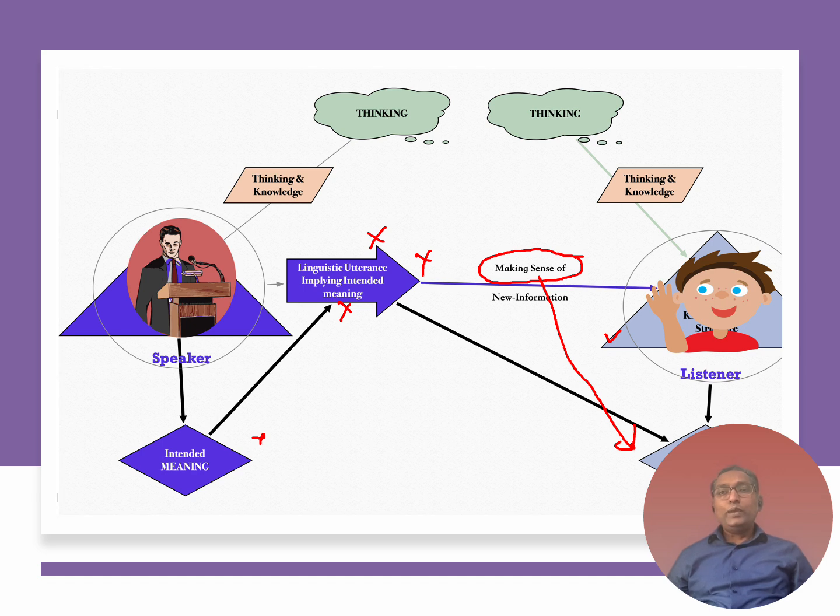So in order to make sense of what the speaker is saying, the listener had to make an inference, right? An inference that, oh, this utterance means this thing. So the listener can make a right inference or a wrong inference. Does it make sense? So that is the relationship between speaker and listener.